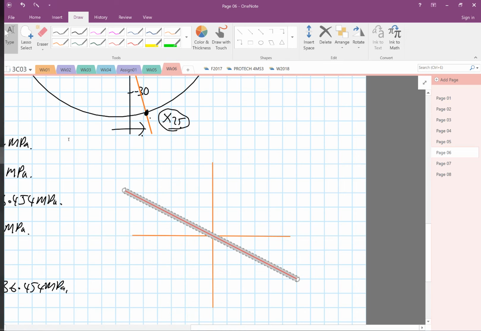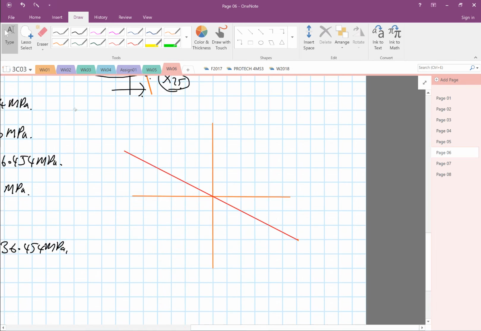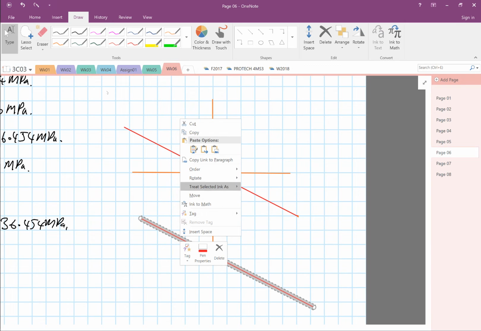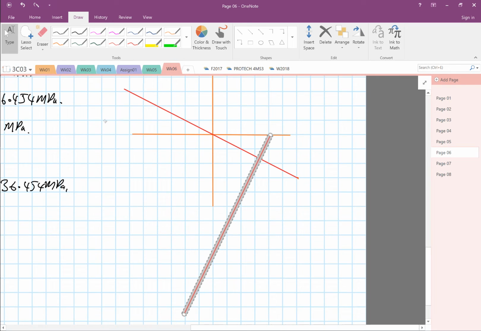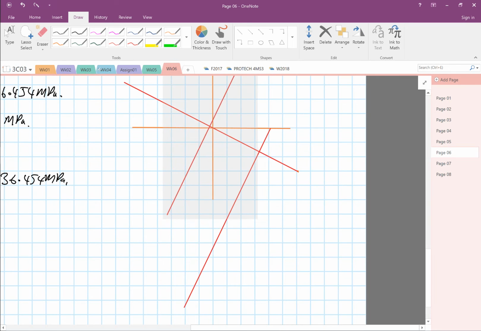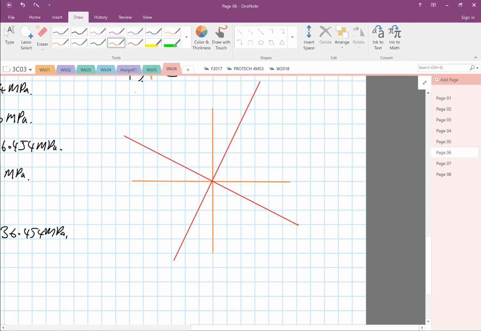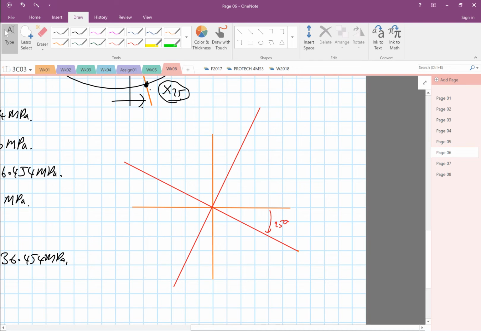Copy, paste, then I'm going to rotate. This is our clockwise rotation of 25 degrees. Then we construct our element.